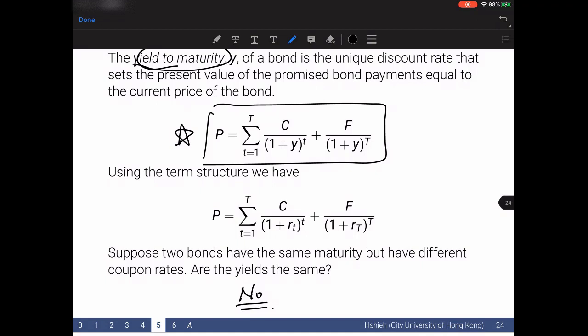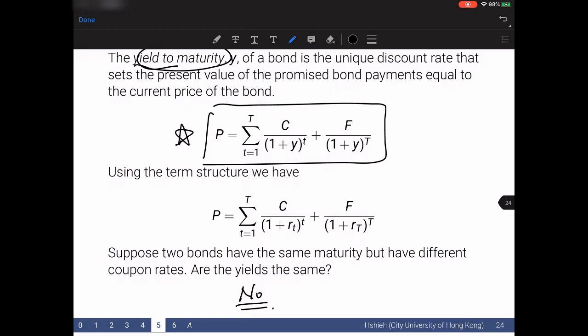If you have higher coupon payments, the likelihood of you receiving cash as early as possible is higher, right? Because you're closer to receiving your cash if you have more of it arriving to you. And so with a higher coupon payment, you should have a higher price. Okay.